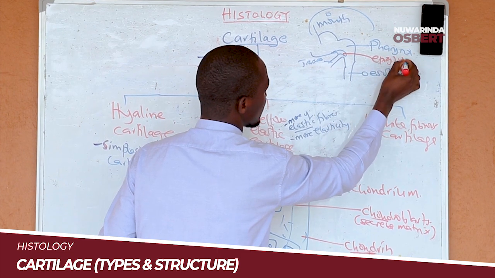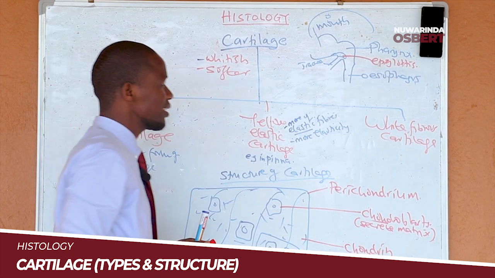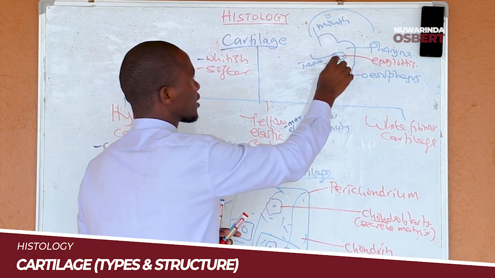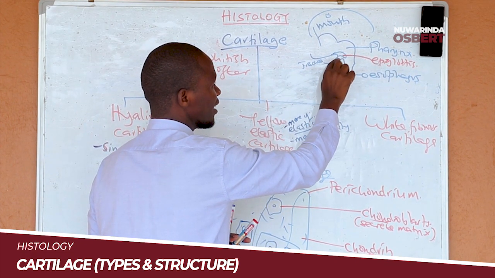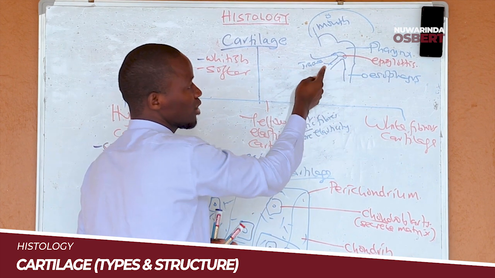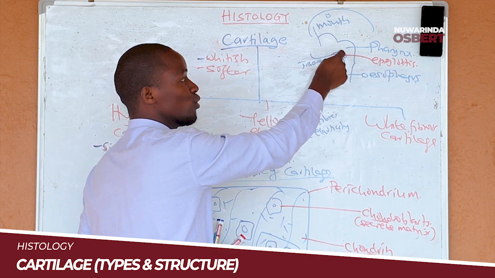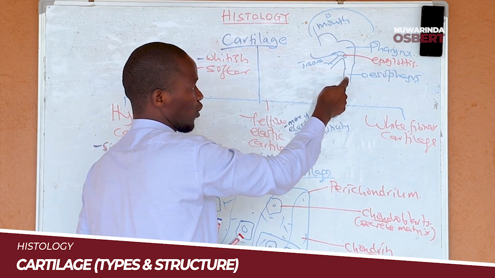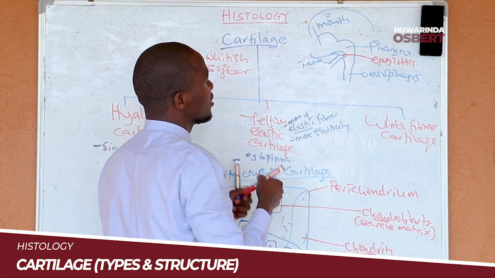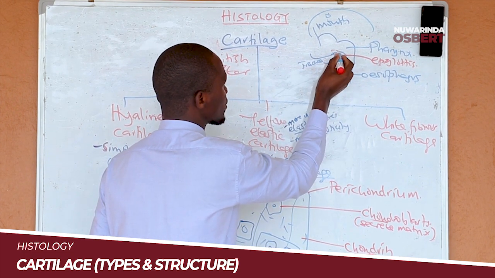Now what this part does is that when you are swallowing food, it comes and crosses this area to the trachea, so that food does not enter into the trachea. So it directs food to come into the esophagus. And when food has been swallowed, the epiglottis comes back to this side.